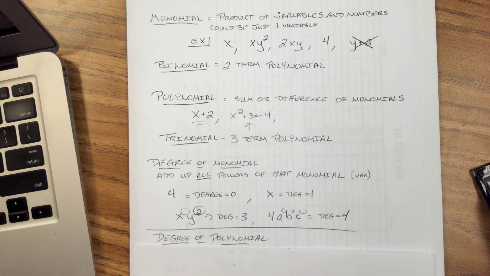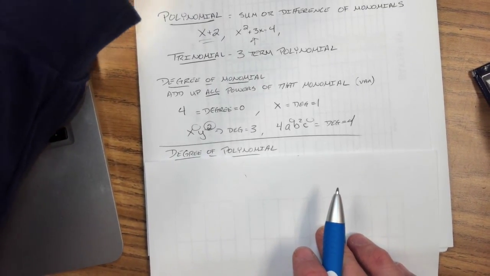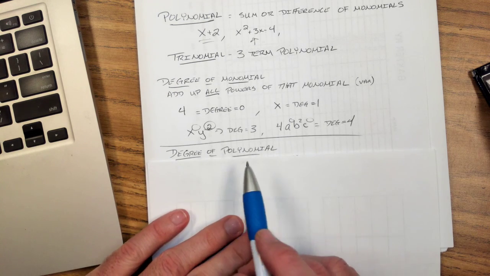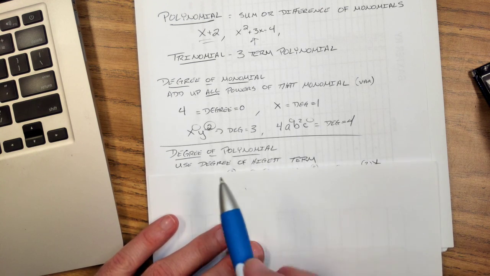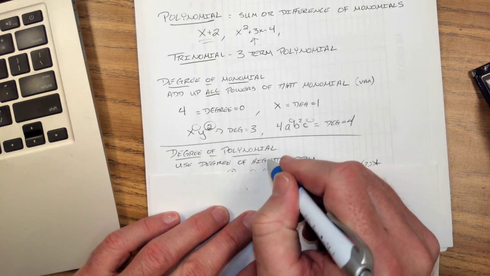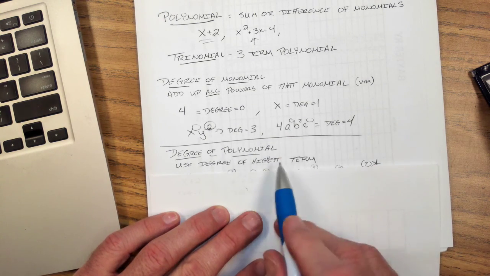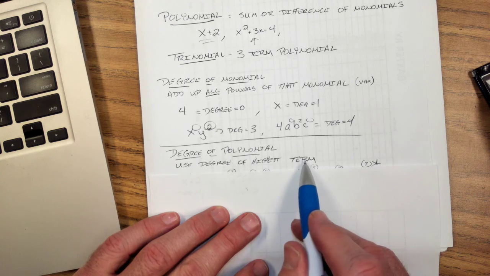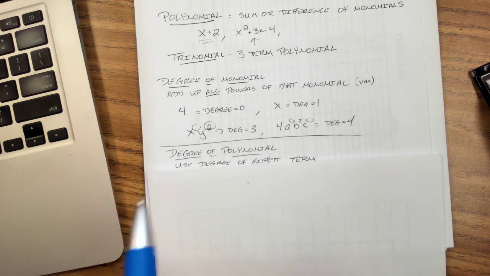Next, the degree of a polynomial. For the degree of a polynomial, now we're going to use the degree of the highest term. So I'm not going through and adding a bunch of things up.